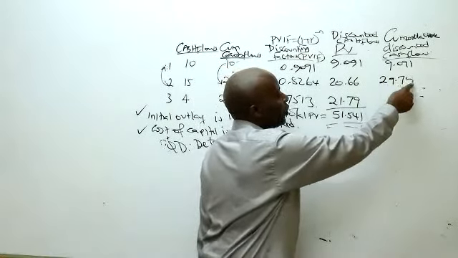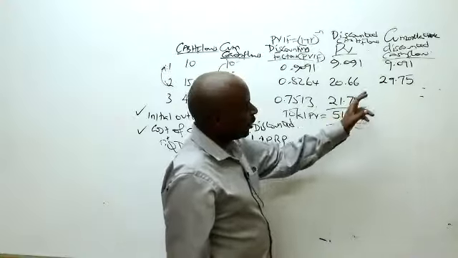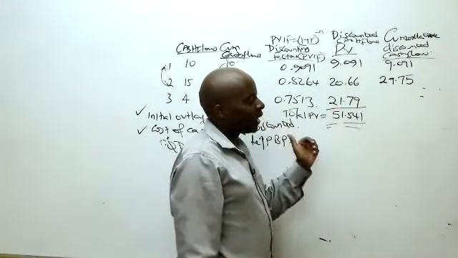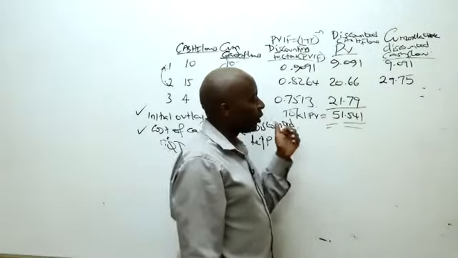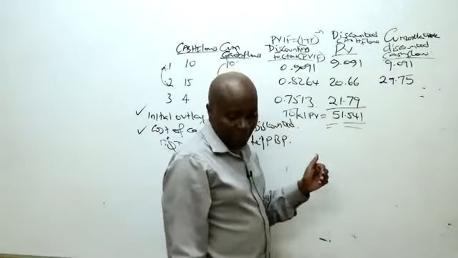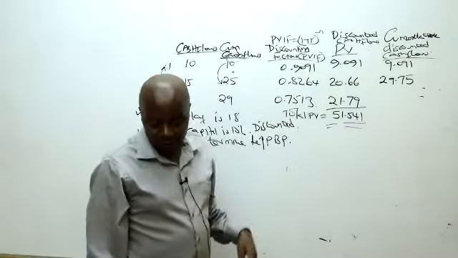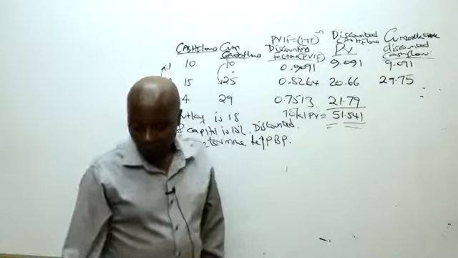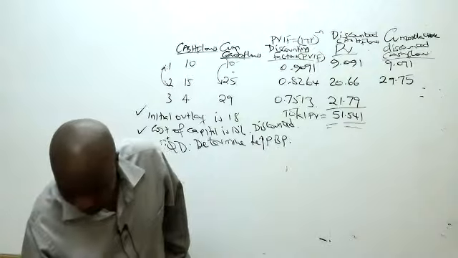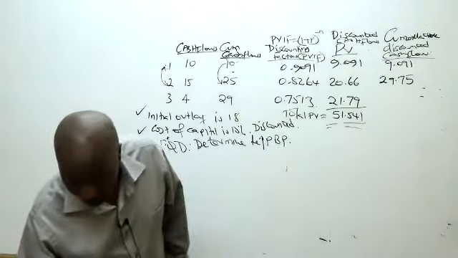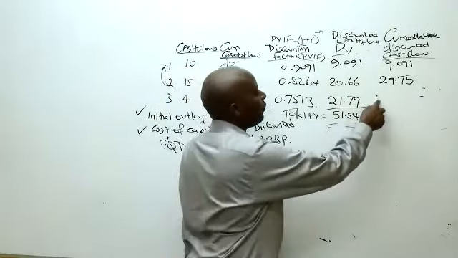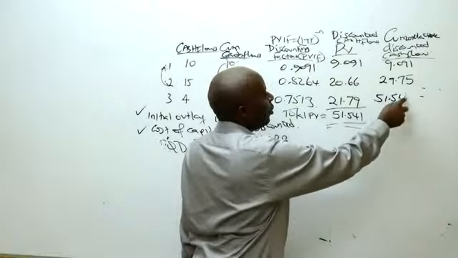Thank you very much. And then lastly, we have this 29.75 plus 21.79. What figure do we have there? 51.54. Thank you very much.